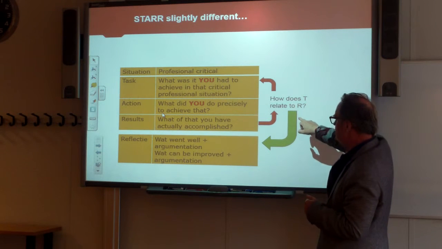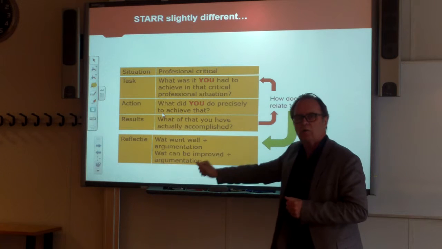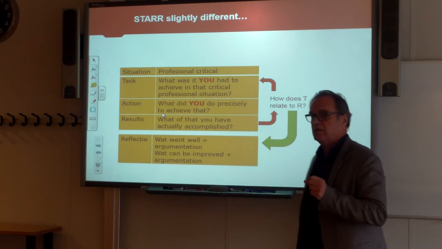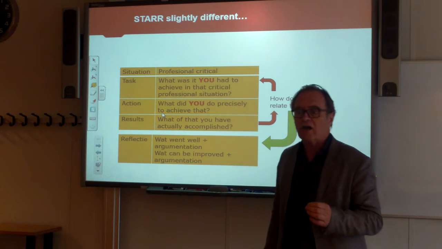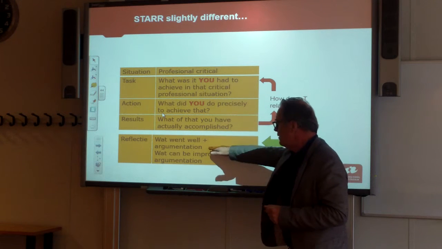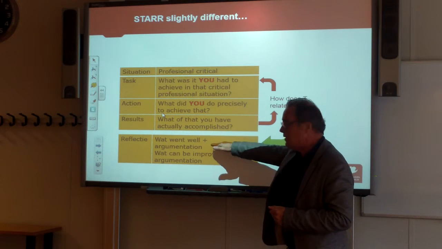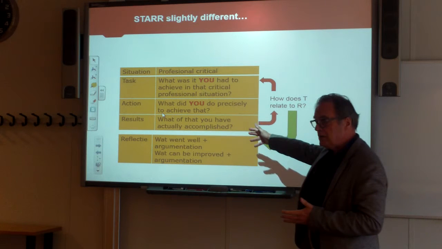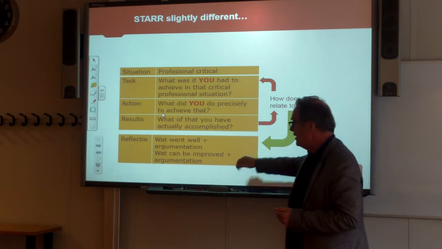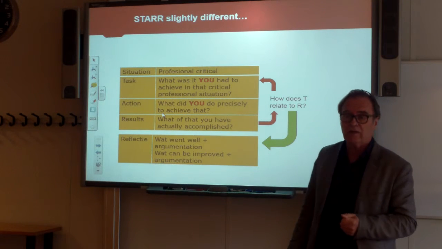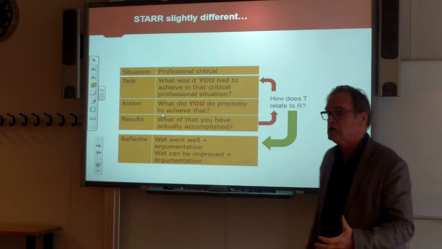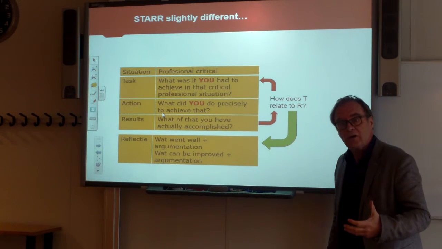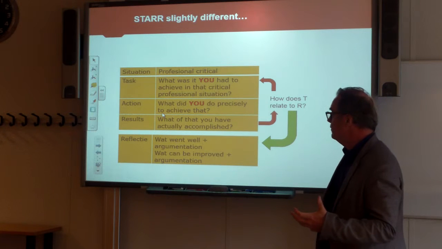And this leads to, okay, now I can judge what went well, and I can think of arguments to put in. I think it went well because of A, B, and C, and also I can establish what can be improved, including arguments why it should be improved, but also how it could be improved.